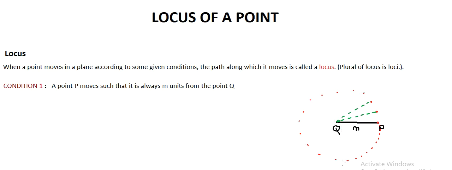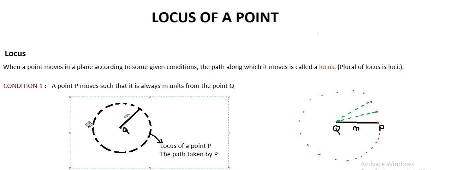So we will get a figure like this. This is the circular region, Q is the center. This is the path along which the point P moves, such that the distance between the moving point and Q will always be m unit. So here we know that the locus of a point is the path along which that point moves, satisfying the given condition.